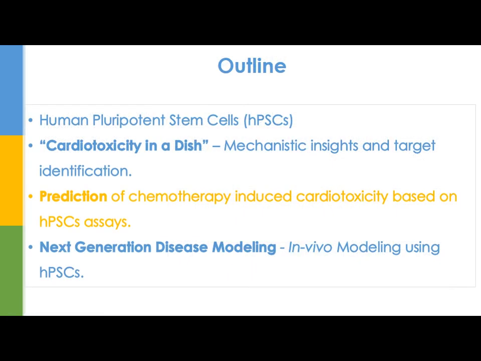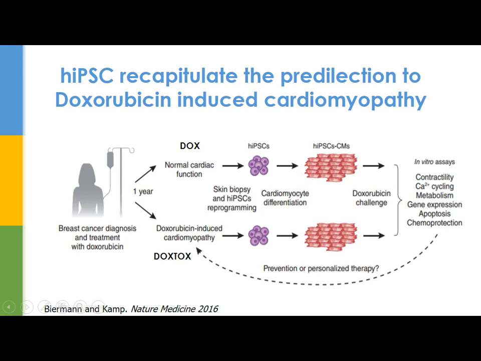So we have shown that the human pluripotent stem cell platform can be used to model chemotherapy-induced cardiomyopathy, but the next question in the era of personalized medicine is whether we can predict the effect of chemotherapy on an individual patient. And this study also came from this Stanford group.